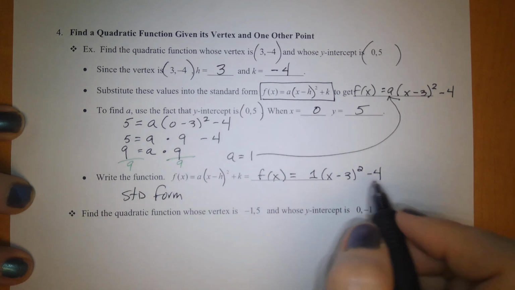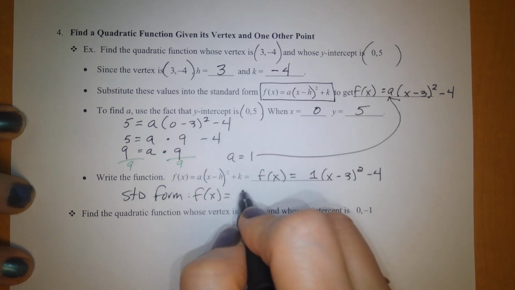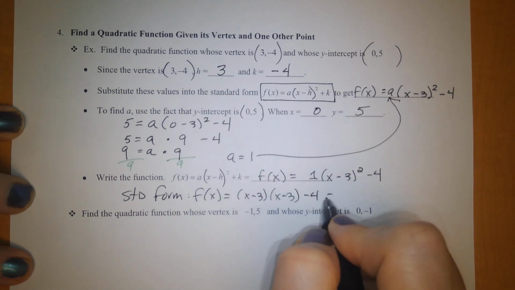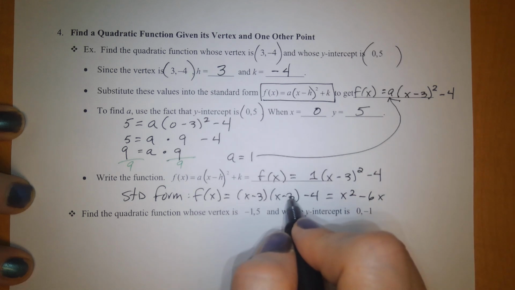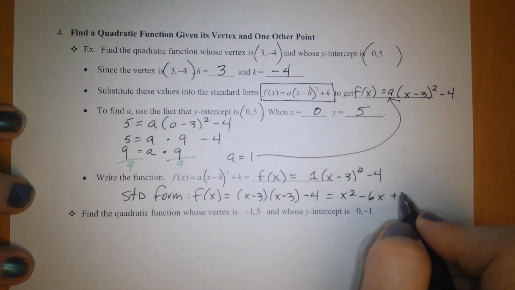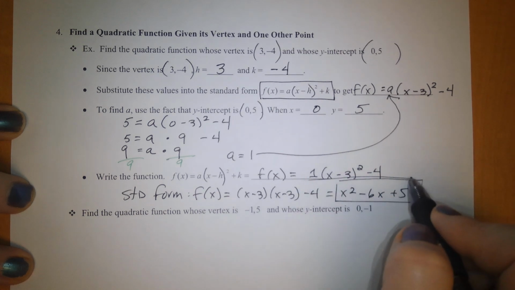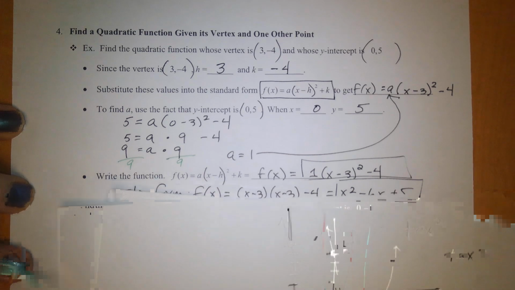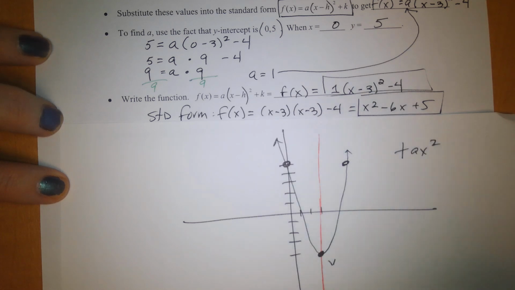All we would do is take this out of this factored form. So f of x would equal (x minus 3) times (x minus 3) minus 4, which is equal to x squared minus 6x plus 9 minus 4, which is plus 5. So this would be the standard or general form, and this would be the factored form of the exact same graph that we found down here. So either of those two equations in the boxes are sufficient and give you this graph here.